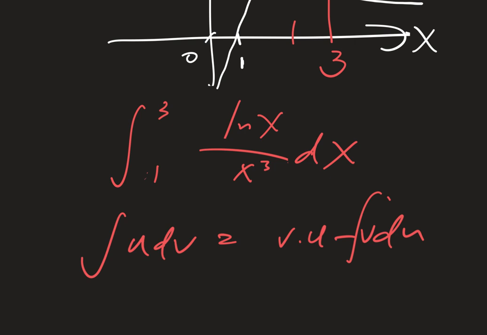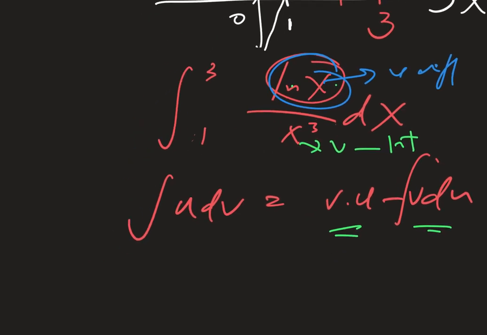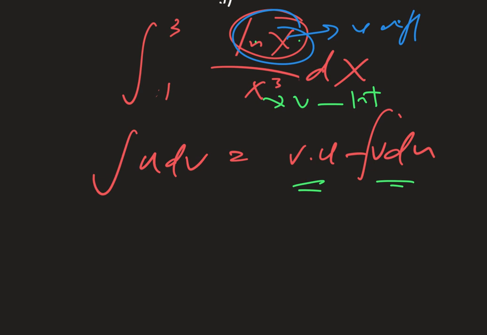That means you differentiate one and integrate the other. This can be u and this can be v. You differentiate one and integrate the other, then you will have a better result, because this is very differentiable and this is very integrable. So then you can use by parts. You must observe the question, they give you 5 marks. It's not for free.